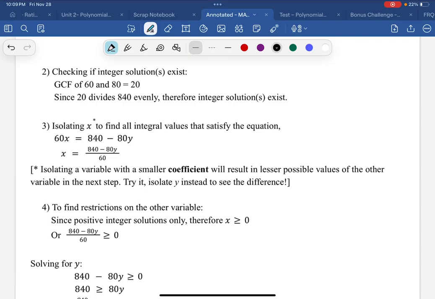So I'll just show the work on this. We had 60x plus 80y is equal to 840. We're subtracting off the y term, so 80y, which is not like the 840, so it's not a like term.